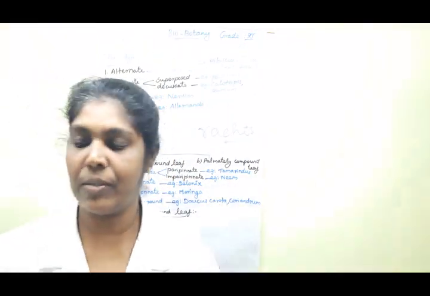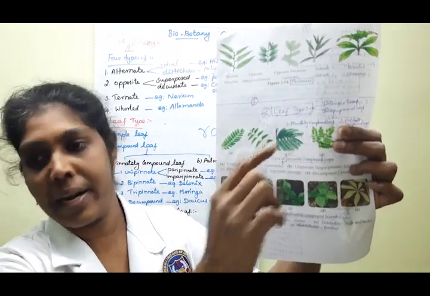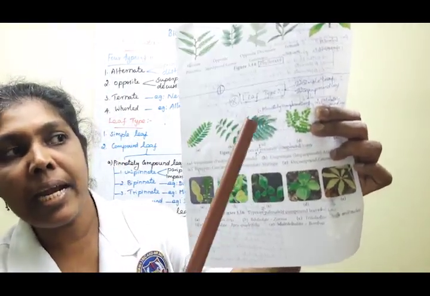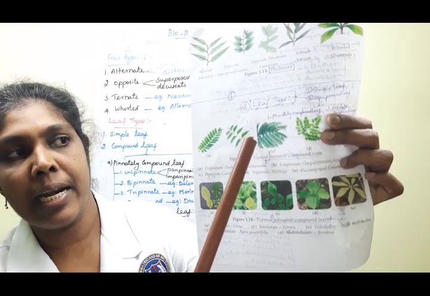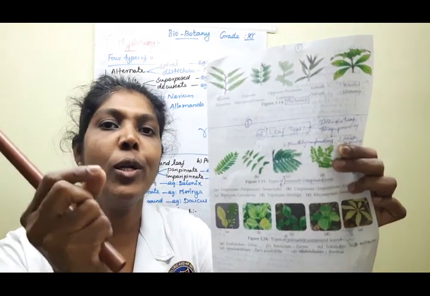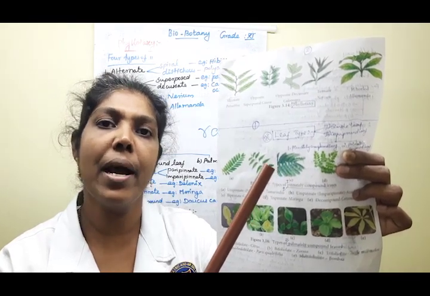Just look at this photo. The primary rachis is there, and again the secondary rachis arises from it. Only on the secondary rachis are the small leaflets present. Clear, children? This is known as bipinnate.